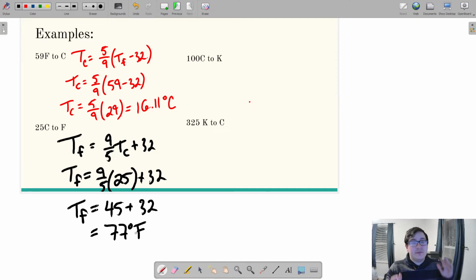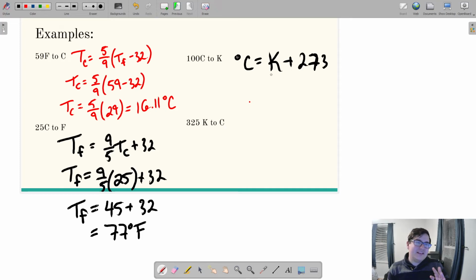Now let's go from Celsius to Kelvin and the other way around. Now, we're going to notice that there is a little bit of specific wording used here when you're looking at Kelvin.